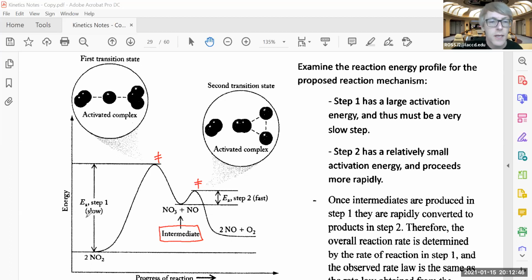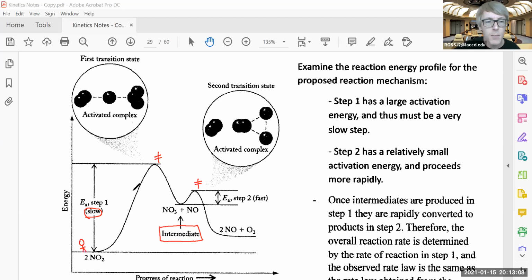We're told here that step one is slow, and you can see why it's slow, because its activation energy is much larger than in step two. So to go all the way from down here up here, you can imagine takes a lot longer, metaphorically speaking. Imagine if this were a hill, to use a crass analogy.